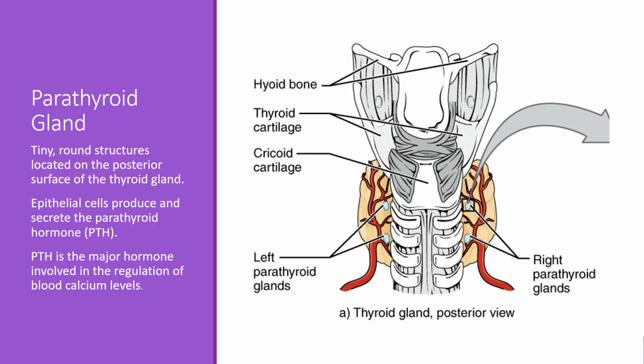Otherwise, if somebody has their thyroid removed and they take away the parathyroid glands in that process as well, then they have to be on medication for the rest of their life. Now, if your thyroid is diseased in some way, or it's an accident that causes the removal of it, obviously there's nothing they can do about that. You have to go on medication, but they do try to salvage those parathyroid glands.